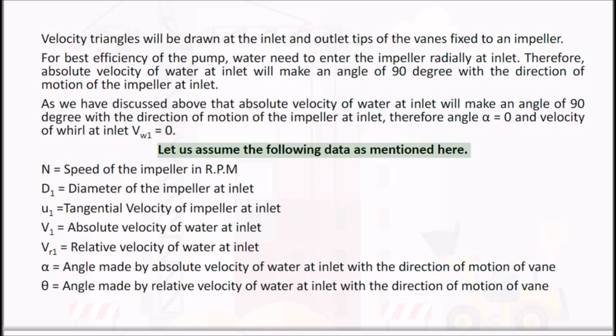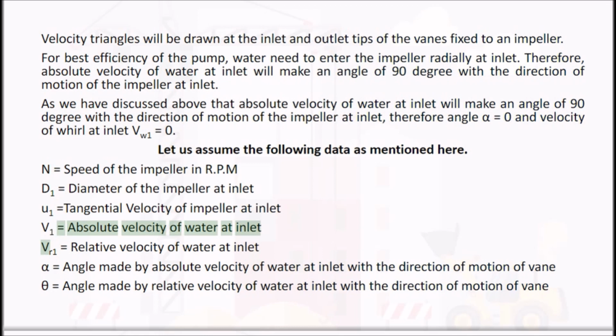Let us assume the following data as mentioned here. N equals speed of the impeller in RPM. D1 equals diameter of the impeller at inlet. U1 equals tangential velocity of impeller at inlet. V1 equals absolute velocity of water at inlet.